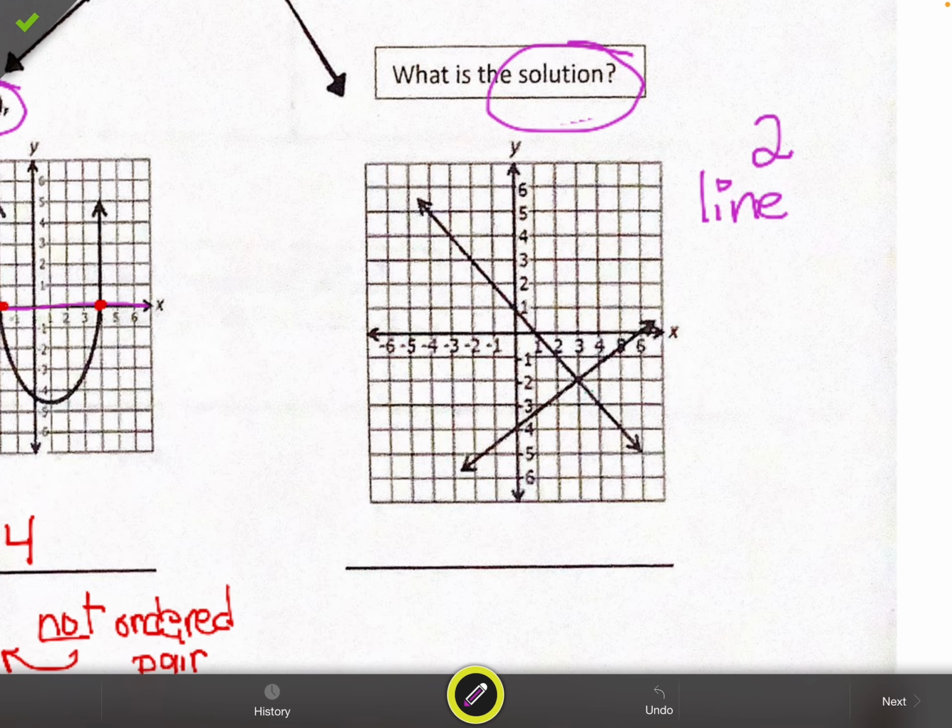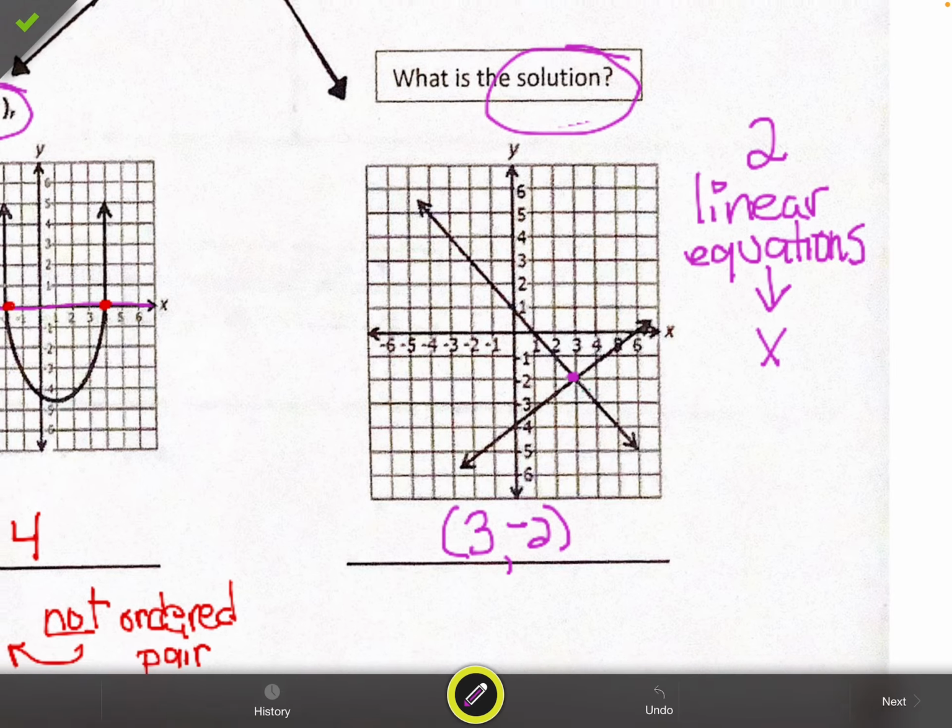With linear equations, you do put your answer as an ordered pair, because linear equations would only have an x, not an x squared. It'd be something like y equals 4x plus 5 or y equals 2x minus 6. But with linear equations, when you write the solution, you write it as an ordered pair. And so this, where do they intersect? You would say right 3 down 2.